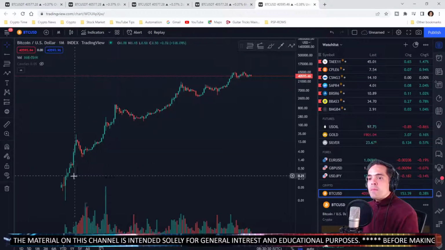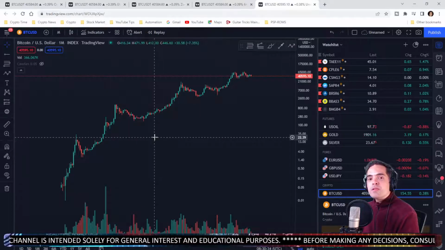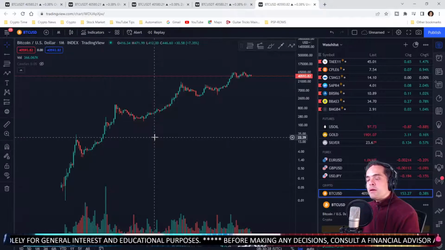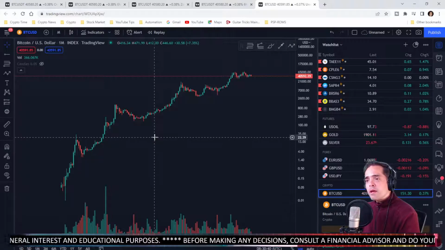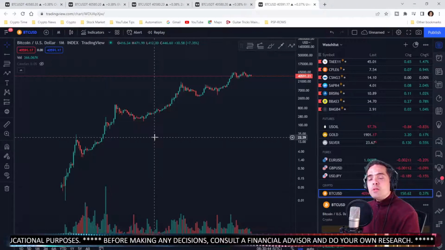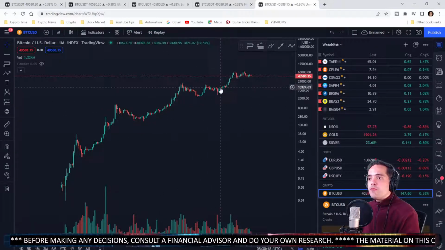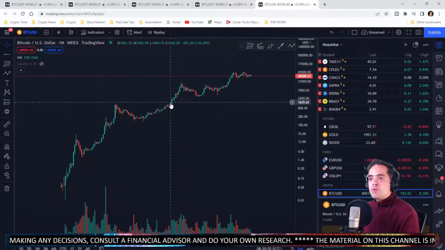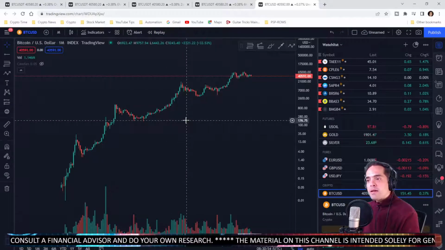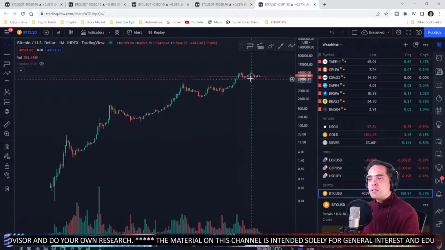So another thing is the market is controlled by buyers and sellers. The buyers are represented by the bulls and the sellers by the bears. Okay, so the war between buyers and sellers leaves this footprint, which is the picture of an asset of its past. So here we have the Bitcoin past.